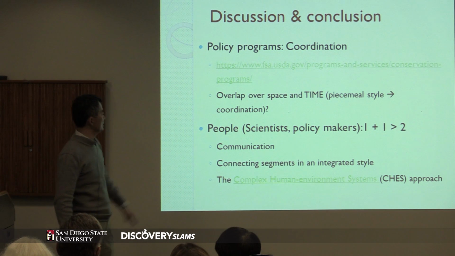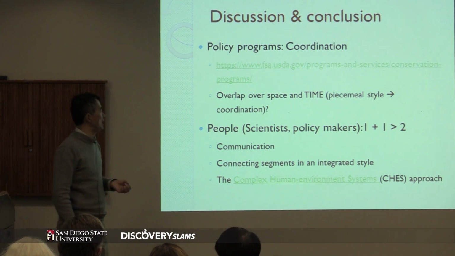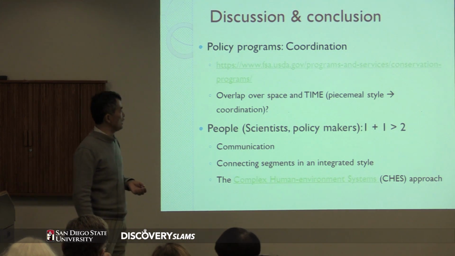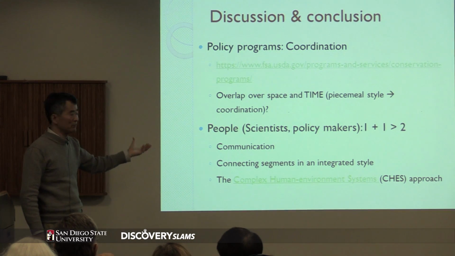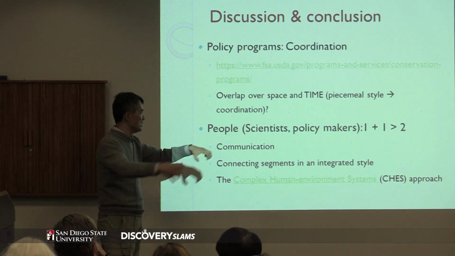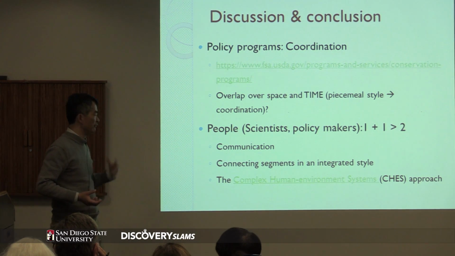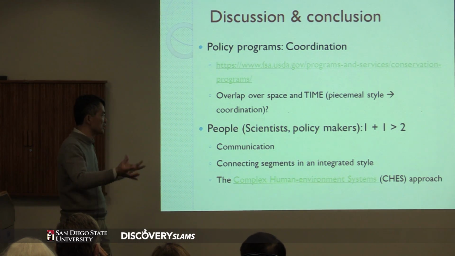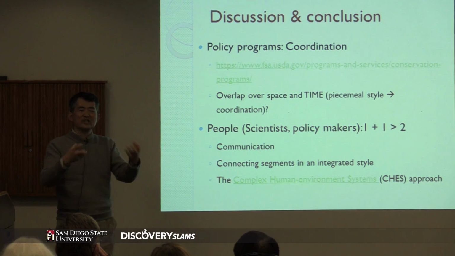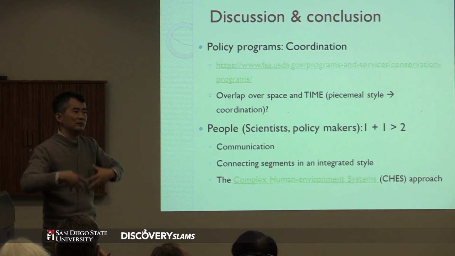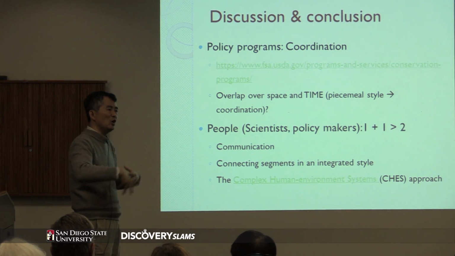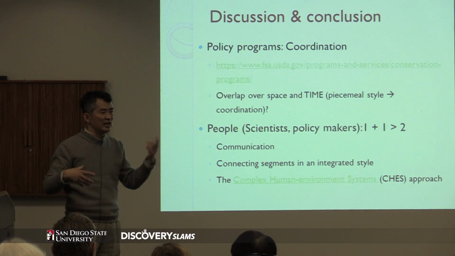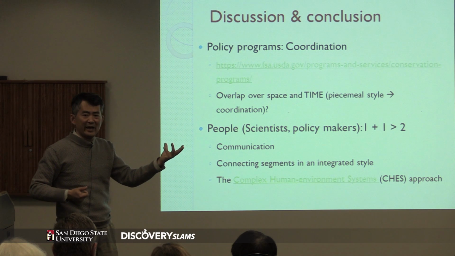At the same time, I think people, especially scientists and policymakers, should consider this equation or inequality, 1 + 1 greater than 2, through communication and through connecting segments in an integrated style. For example, here I want to highlight my emphasis on complex human-environment systems. We consider the ecosystem or human-environment system as a complex system which has complexity features such as nonlinearity, heterogeneity, feedback, threshold, and so on.